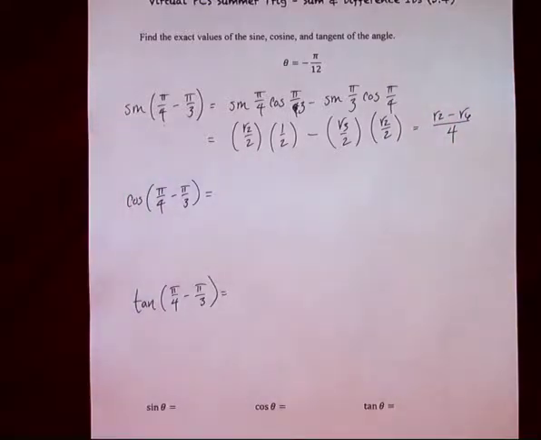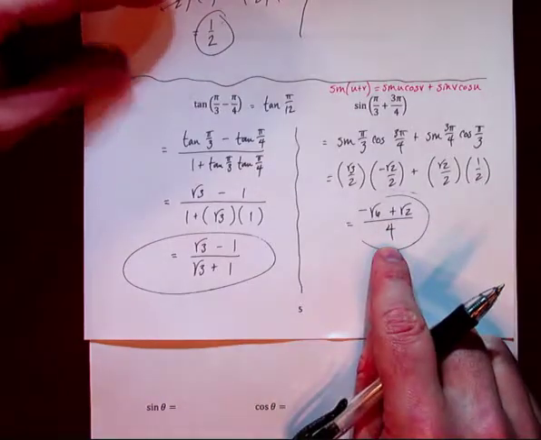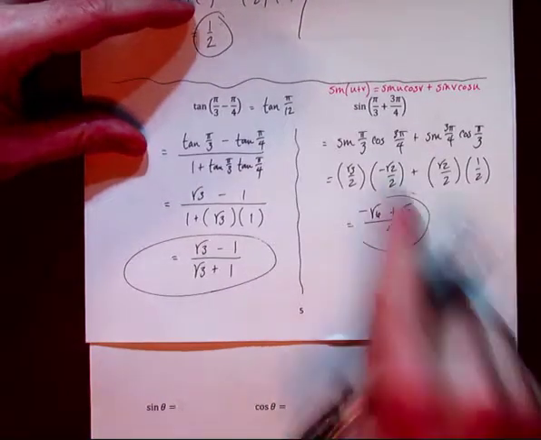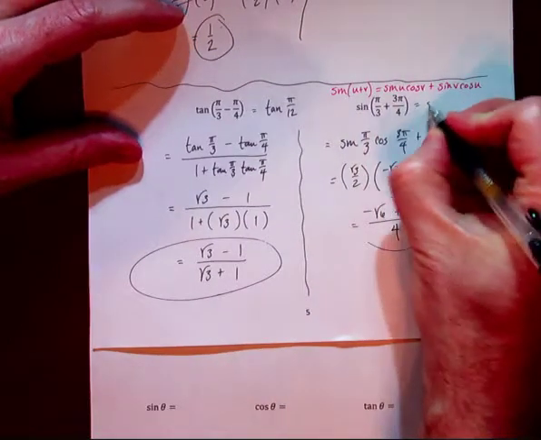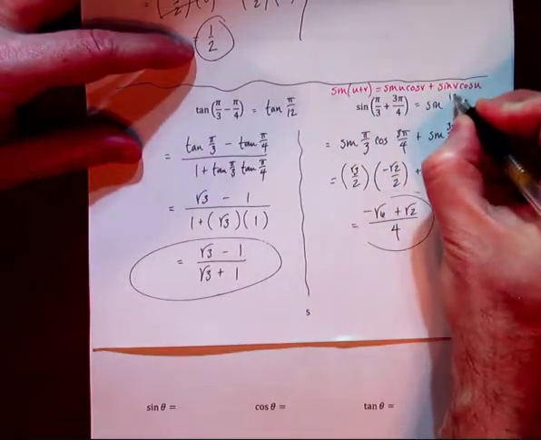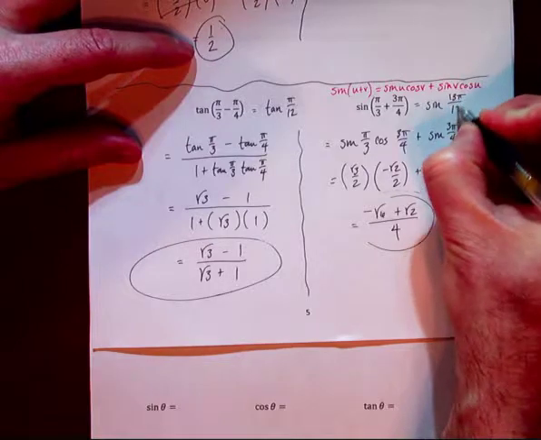Well, it seems like I have seen that value before, and you have, okay? Basically, it winds up being the same as that, right? Because remember that pi over 3 plus 3 pi over 4 was sine of 13 pi over 12.